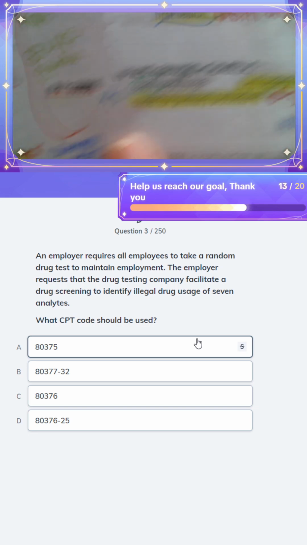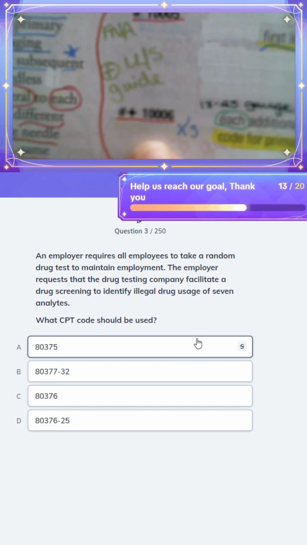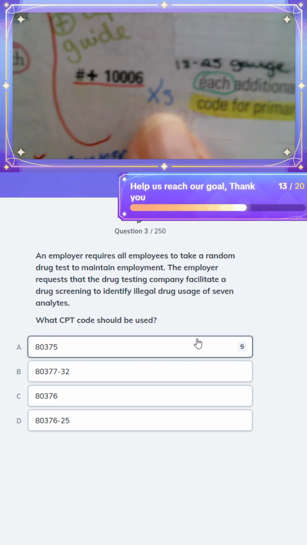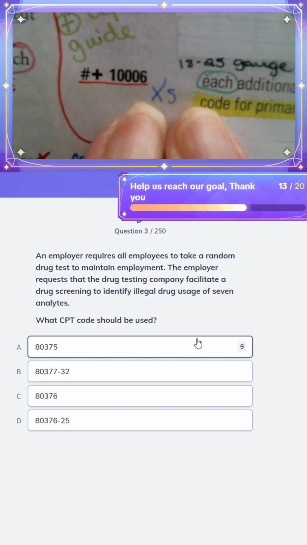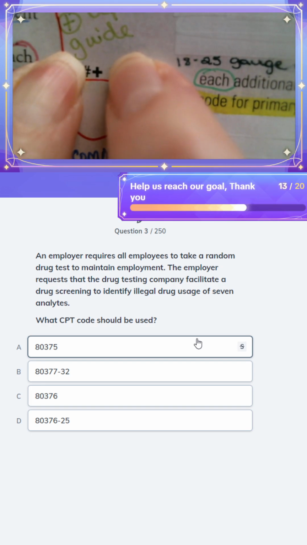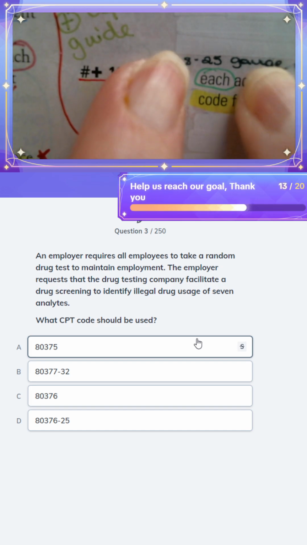My notes tell you which codes you multiply. I go through the entire book and I put this little symbol beside every single one that you can times. And anything that does not have that symbol means you cannot. Another cheat code for it is the ones that have the plus symbol are the ones that you times. In general, there are a couple of other ones that you do times also that do not have this in them, but in general they usually have the word each in the descriptor.